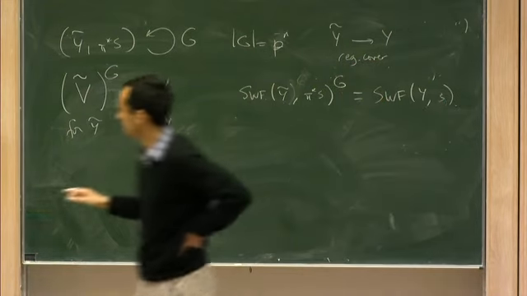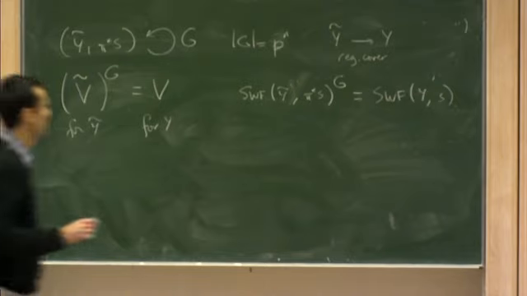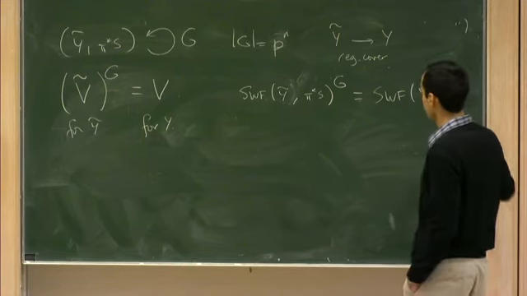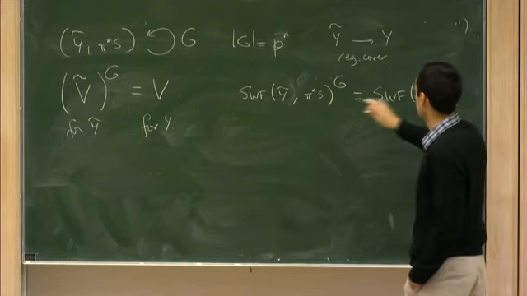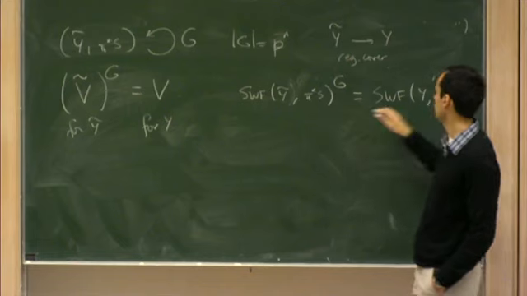Okay, I'm lying a little bit. There are some suspensions, so let me put it in quotation marks. There's some shift in degree that you have to take into account. But since we just care about the total homology, we don't have to worry about that.